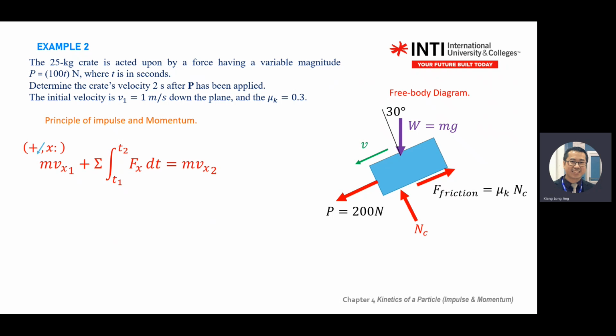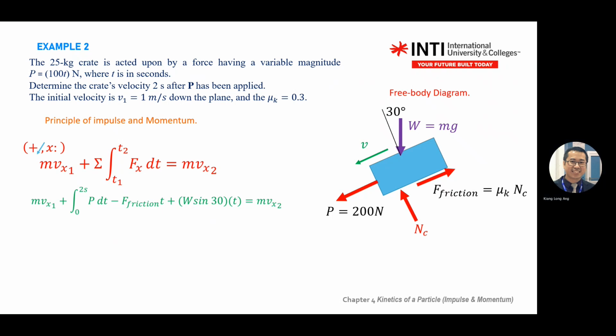My x follows the surface, the motion direction. So for my mv, I just put it in the x direction. For my impulse, I have the P force and the time. My P is in the equation, so I have to put in integration of force and time. Then I have the friction force. I have the normal force in the y direction, so I don't include it in the x direction equation.